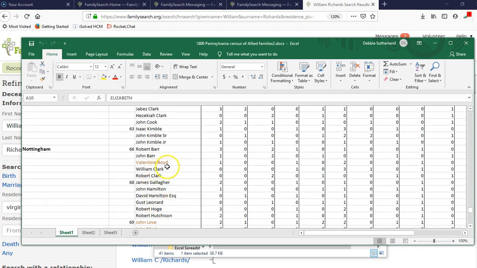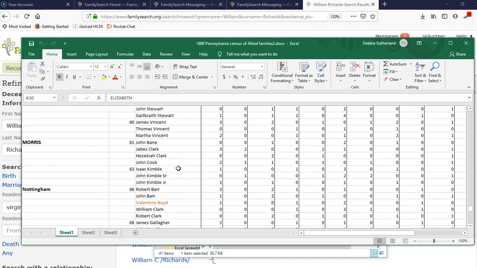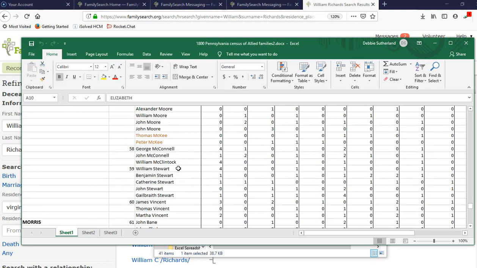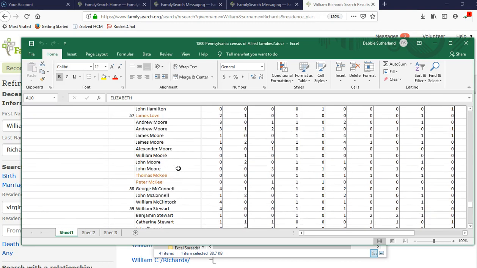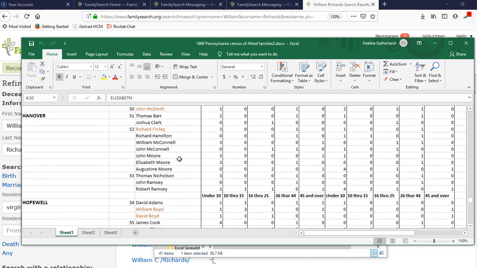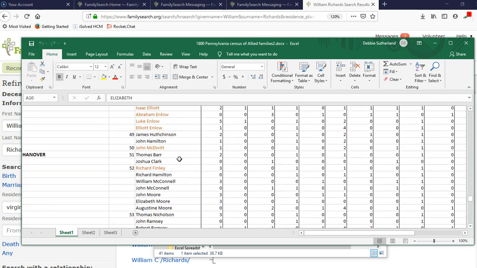These are all names that are intertwined with my McKee family. And especially in Donegal, all of these, like the McClintocks, the McConnells, the Stewarts, the Loves, the Moores, all of these family names are people that moved to America from Donegal.